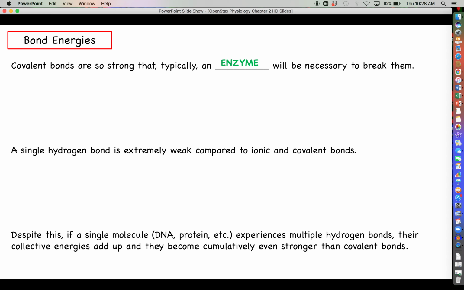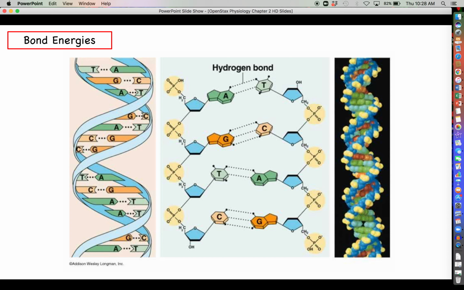So even though individual hydrogen bonds are very weak, collectively, if you can get a whole bunch of them active at the same time, that can give you a lot of strength and stability for important molecules and important structures inside of cells and inside of the human body.